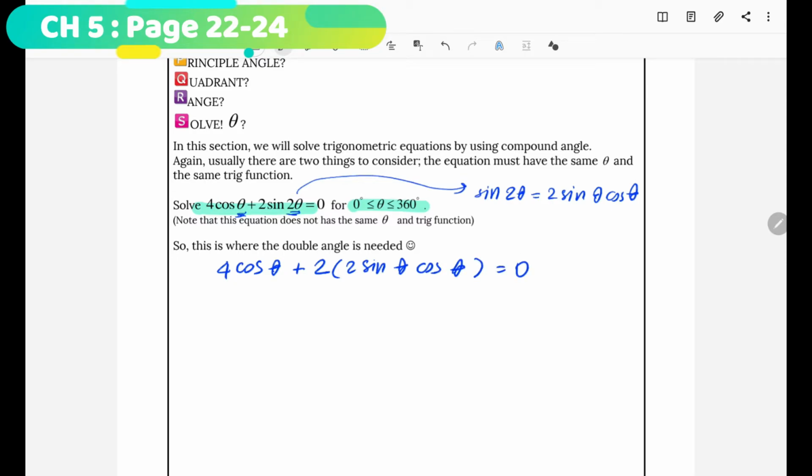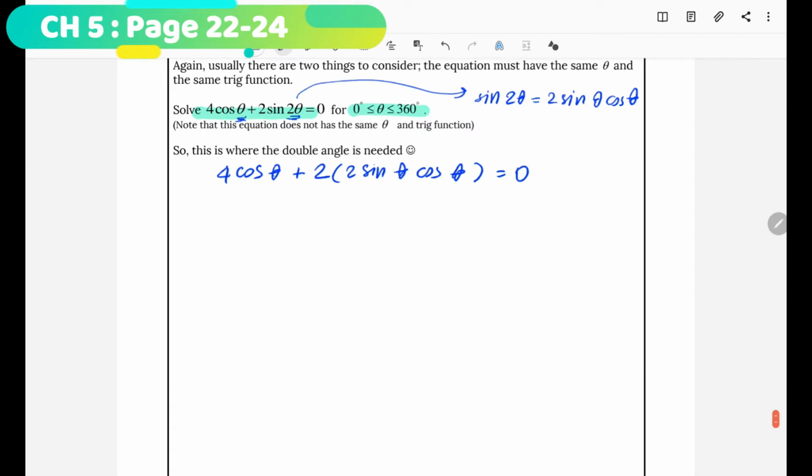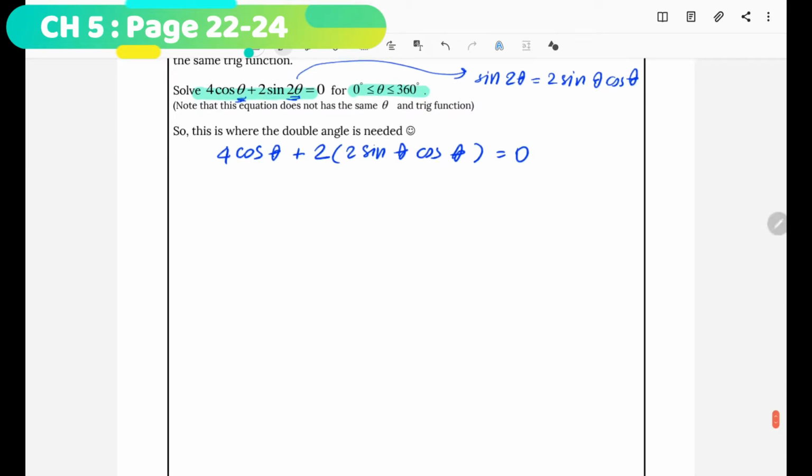So this is your first part. Now kita try to expand. You'll get 4 cos theta plus 4 sin theta cos theta equal to 0. Okay, so what we see here, kita ada cos dengan cos. Tiada cos kuasa 2.